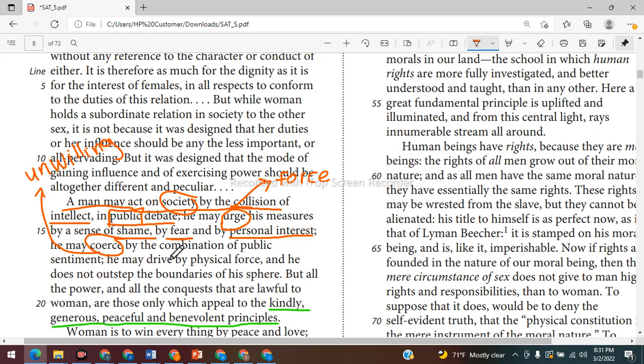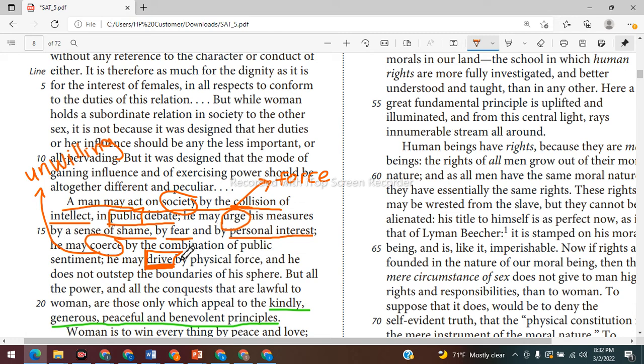I love this word. He may what? Drive. He may drive, right? When we say drive, what do we mean? He may drive by physical force. What does that mean? Is that talking about car drive? Push or move. Yeah, push or move, right?